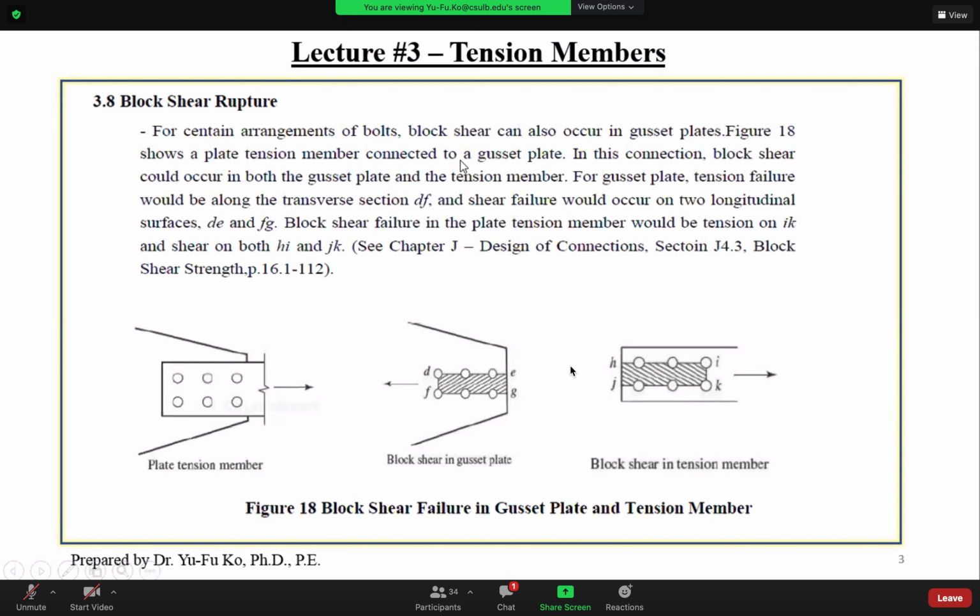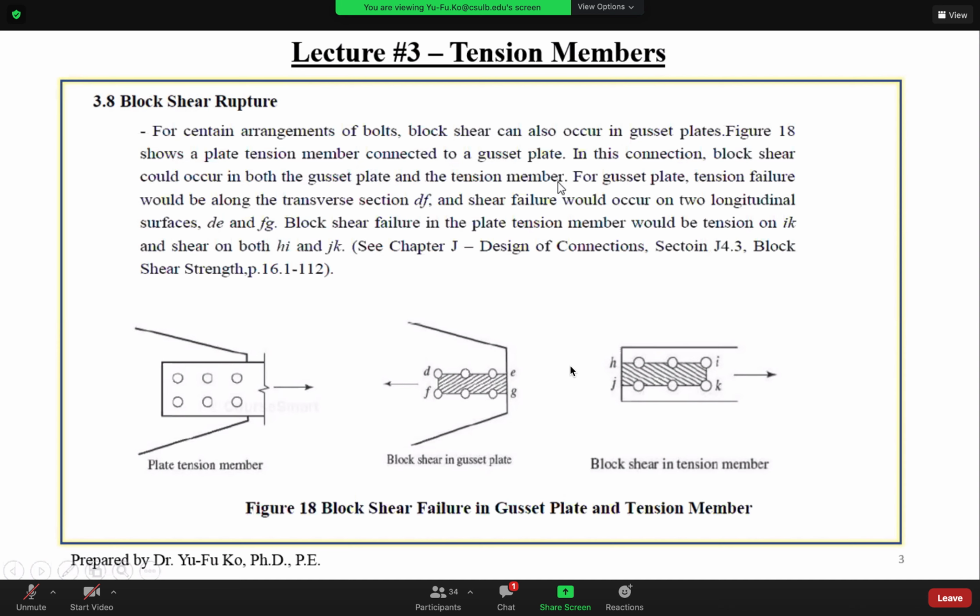So now, for a certain arrangement of bolts, the block shear can also occur in the gusset plate, not only in the tension member, but also in the gusset plate. For example, Figure 18 shows a plate. If this is a plate as a tension member connected to a gusset plate below, in these connections, the block shear could occur in both the gusset plate and the tension member.